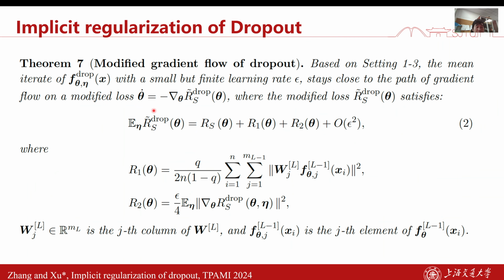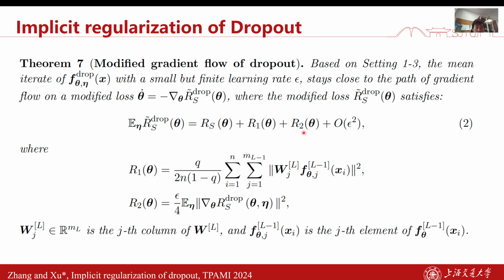Theoretically, we can understand it in this way. We can write out the loss of dropout training. There is some random variable eta, so we can take the expectation. After taking the expectation, we get the expectation of the loss, which has not only the mean squared loss part, but also an actual regularization part.